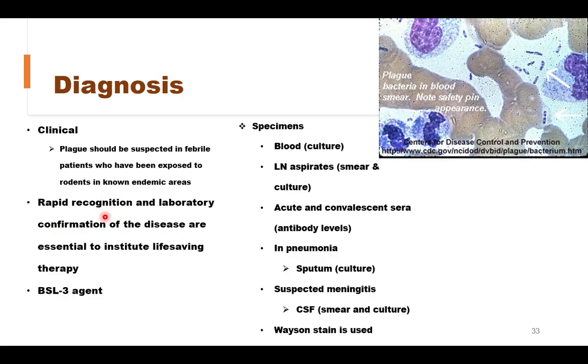Now, rapid recognition of the condition and collection of appropriate clinical samples sent to the laboratory for confirmation are essential to institute life-saving therapy. I'll stress the fact that this is a BSL-3 organism. You have to start thinking of the worst so that you can protect yourself. Remember that the doctor on the cruise ship is down with infection now. They are not so sure whether it's the hantavirus or not.